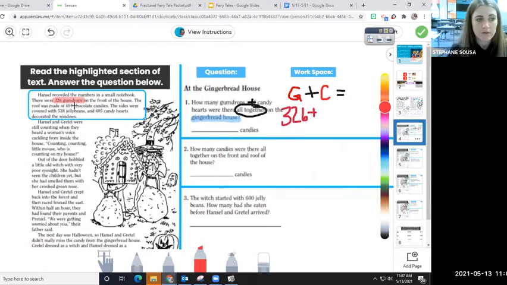The roof was made of chocolate. Nope, we don't care about that. The sides were covered with jelly beans. Nope, we don't care about that. Here we go. And 605 candy hearts. 605 candy hearts equals. Okay.